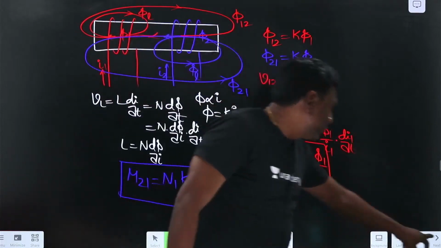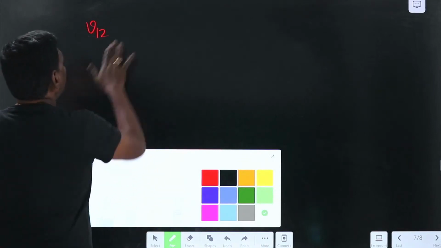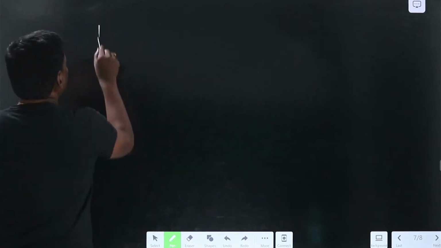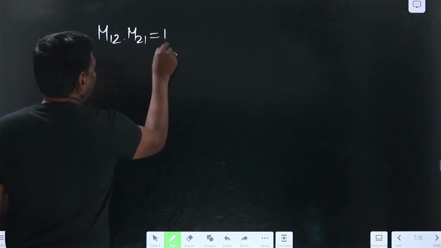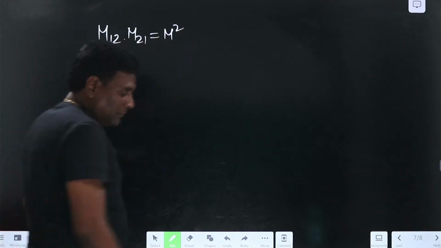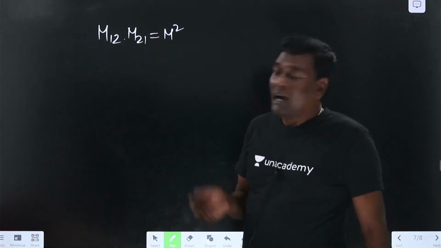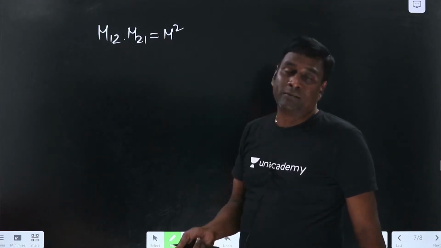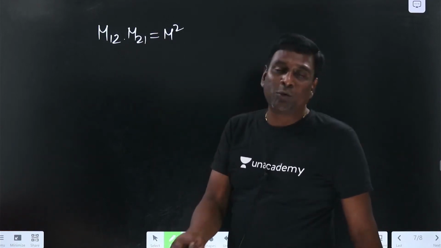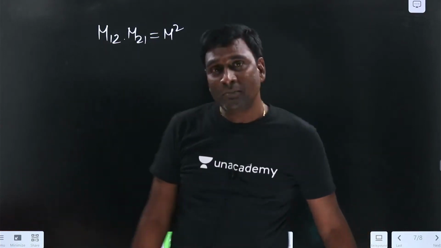After that, M12 into M21 is nothing but M squared, because M12 equals M21, as we are looking at bilateral networks. And from now onwards we are not going to write M12 or M21, because even if you write M12 or M21, ultimately it is going to be M only, because our networks are meant to be bilateral.